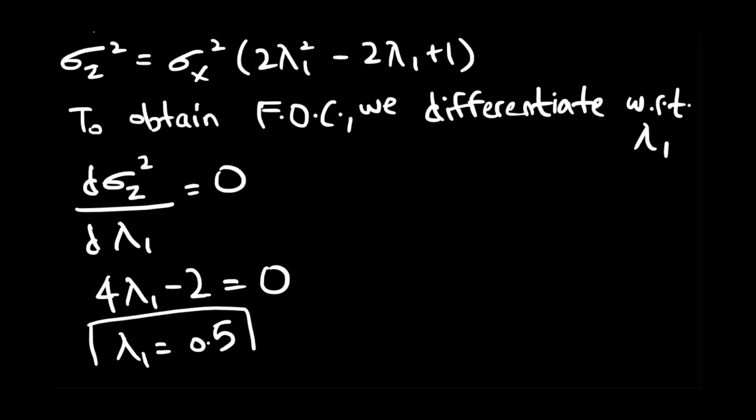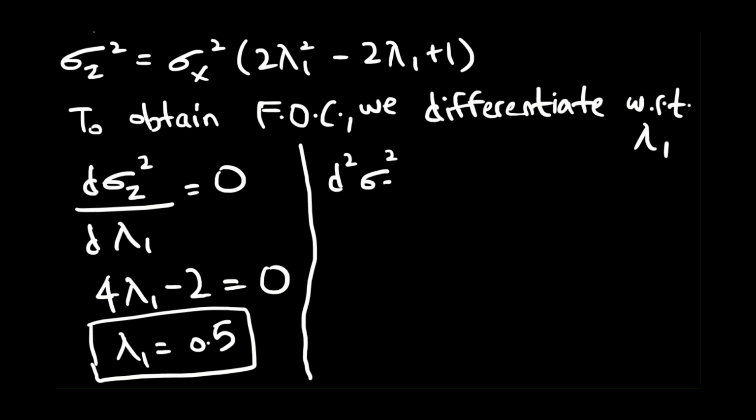So we find that lambda 1 equal to 0.5 is when the variance is minimized, and we can also confirm that this is indeed a minimum by taking the second derivative. So if we take the second derivative, we find that the second derivative is positive.